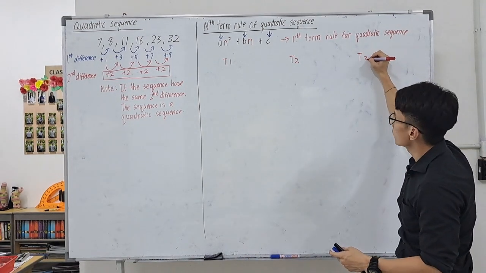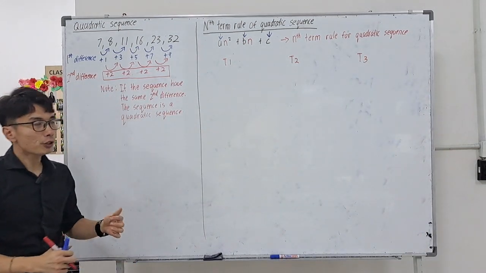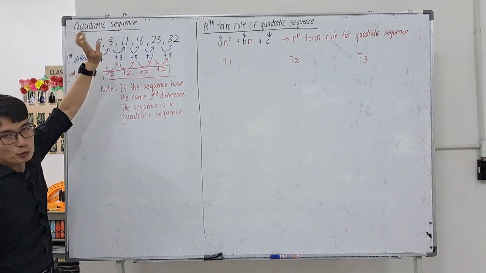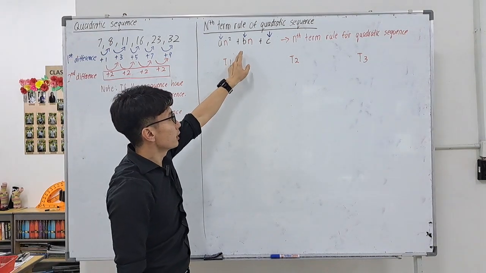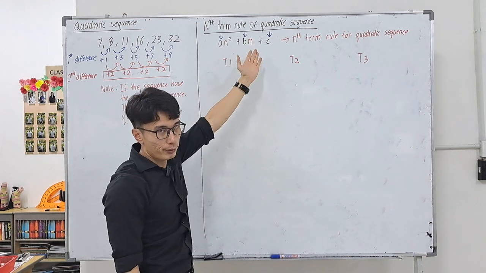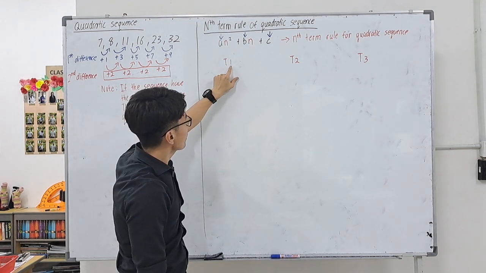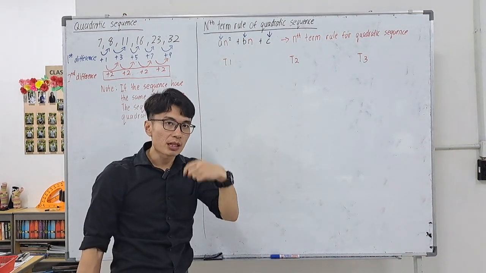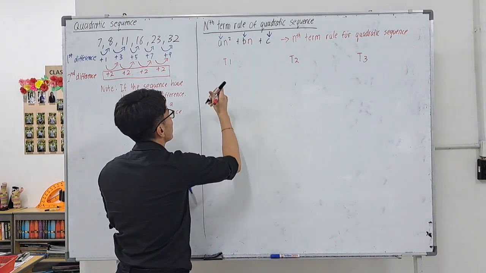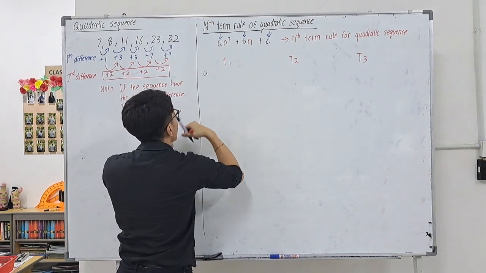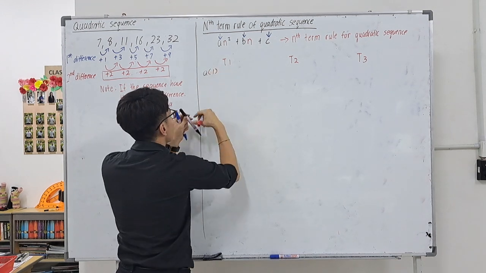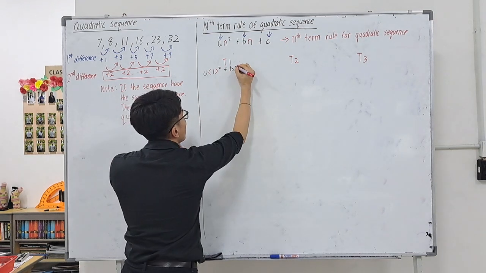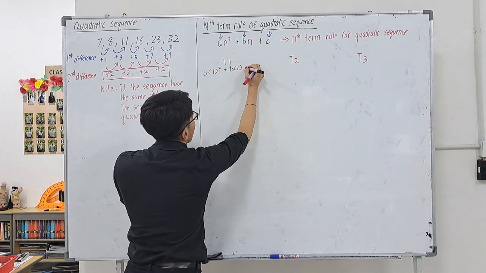Basically, I am going to write an expression to represent the number of term 1, term 2, and term 3. Since this is the general expression for the n-term rule, if I'm interested in the expression for the first term, my n is going to become 1, right? So let me write that down first. If I have a, my n is going to become 1 squared, plus b, plus c.